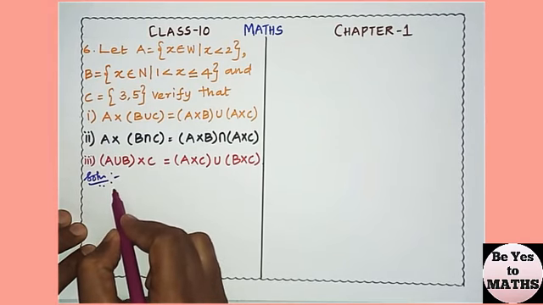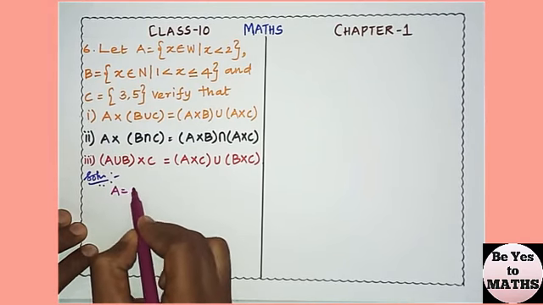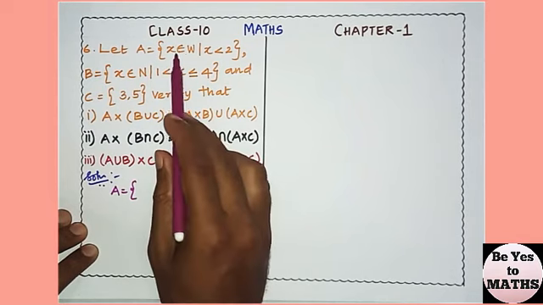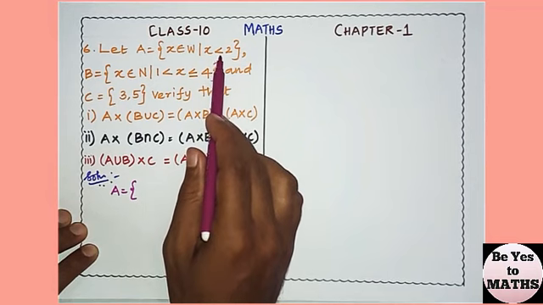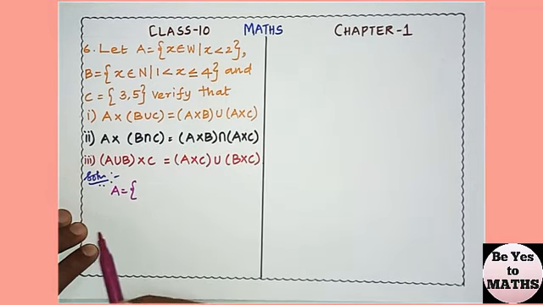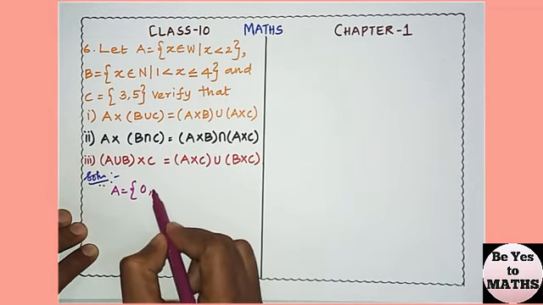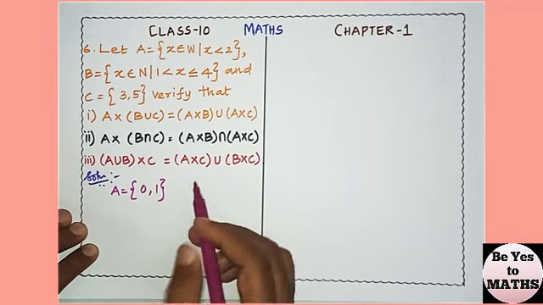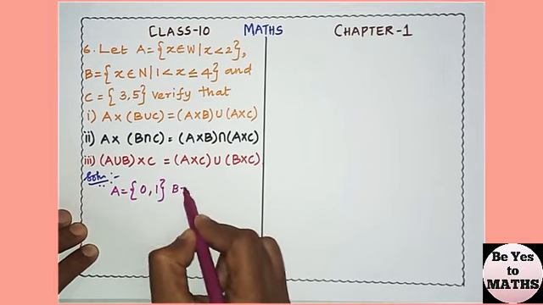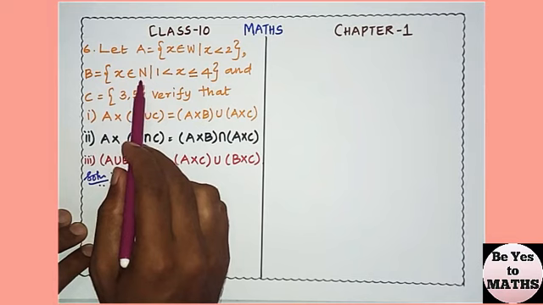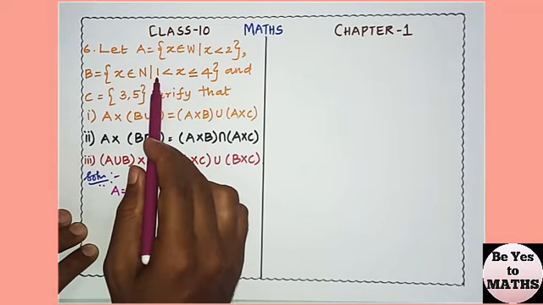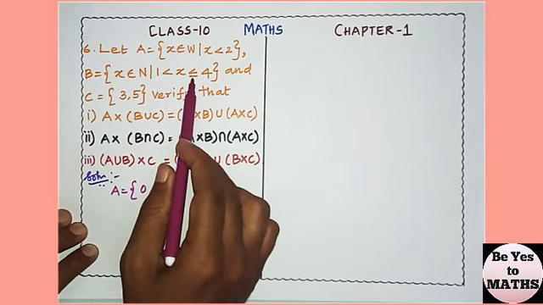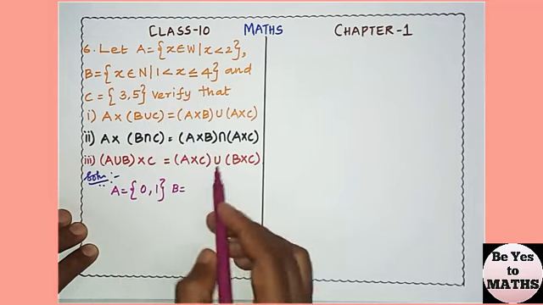Solution: set A is x belongs to W, so whole numbers start from 0, but it should be less than 2. So we have 0 and 1 in set A. Set B is x belongs to natural numbers, but x should be greater than 1 and less than or equal to 4.